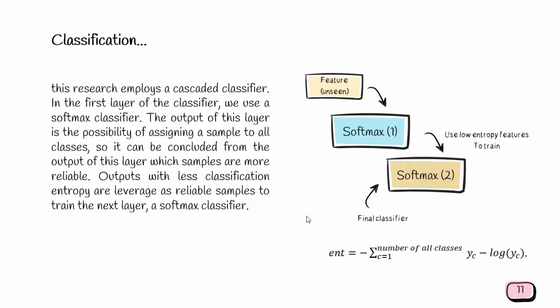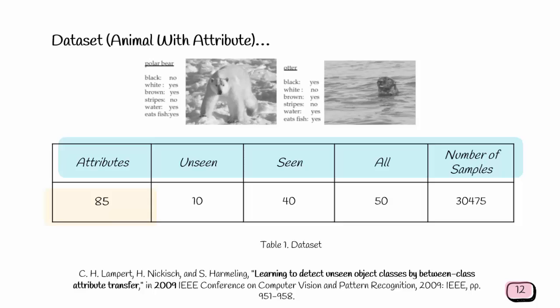The output of this layer is the probability of assigning a sample to all classes. So it can be concluded from the output of this layer which samples are more reliable. Outputs with less classification entropy are leveraged as reliable samples to train the next layer, a softmax classifier.